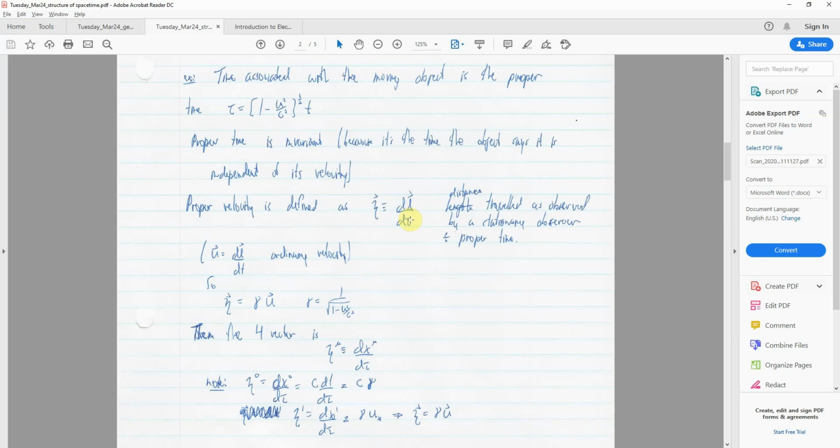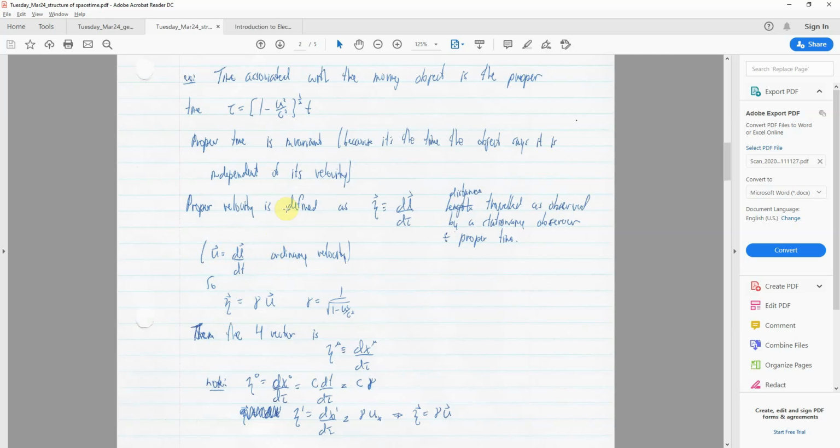It's not the person who's stationary measuring both the space and the time, and it's not the person in the object flying by with their distance and time, but instead the combination of the two. It's the length of the stationary observer divided by the time in the object that's moving by. I make a note here that the ordinary velocity would be that length it travels divided by the stationary time.